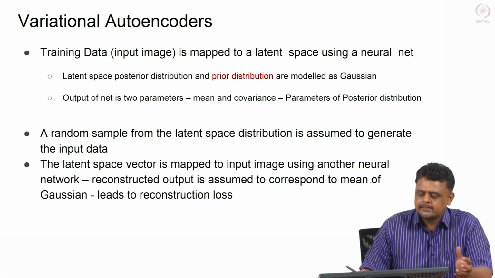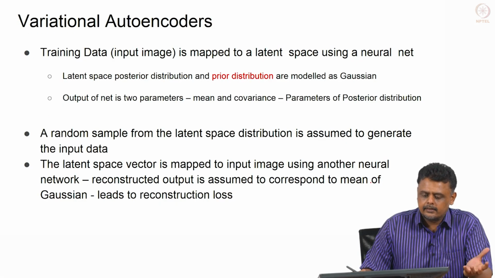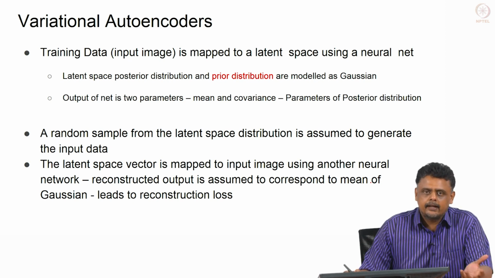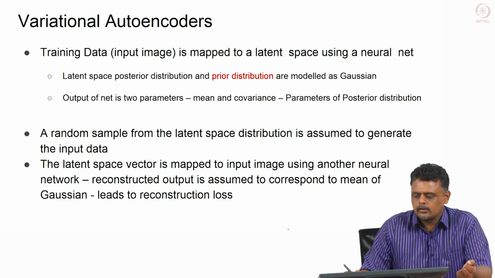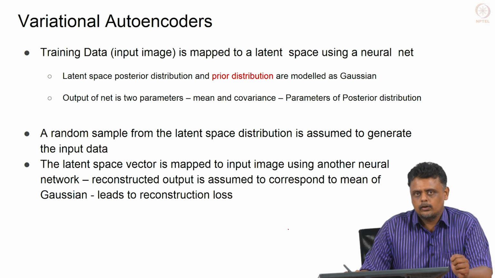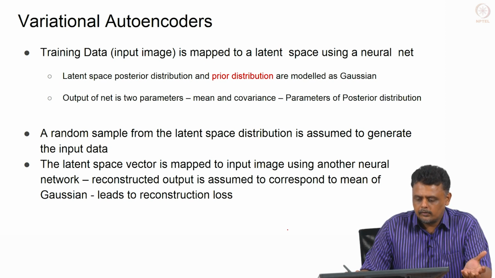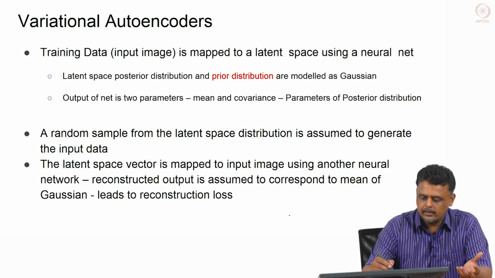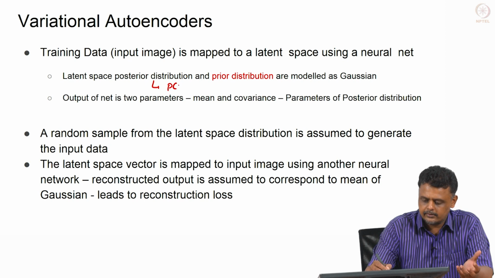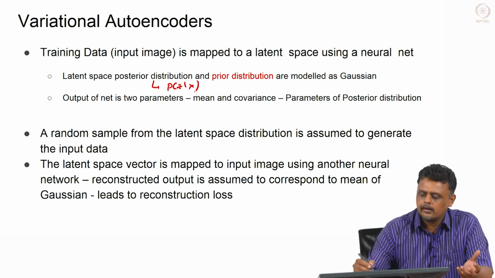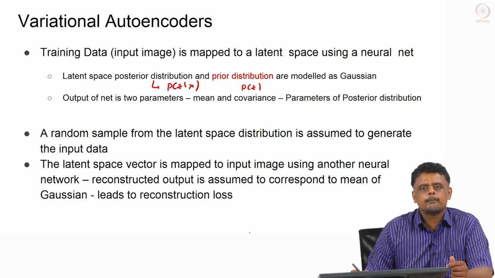Basically, as I mentioned earlier, the idea is to map training data, in this case input images, to a latent space using a neural net. The latent space is basically the z, with the posterior distribution p of z given x, and for the prior distribution we have some assumptions, and we usually model them as Gaussian distributions.